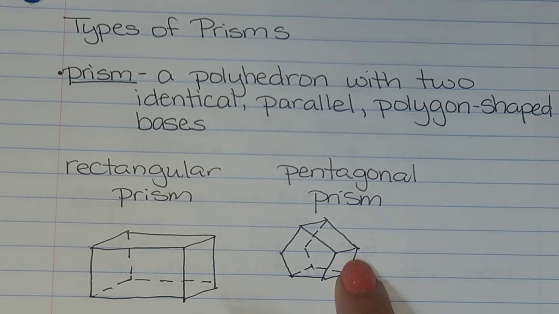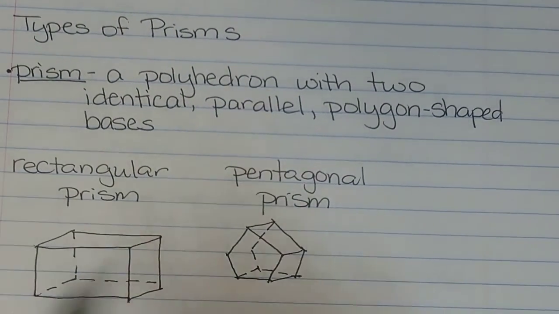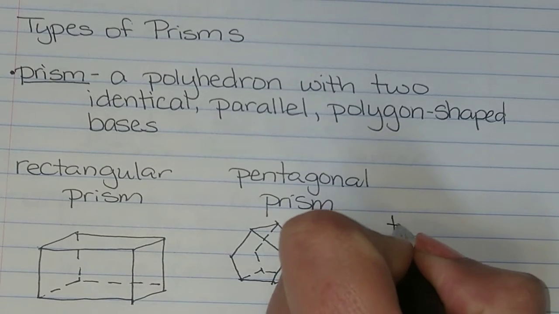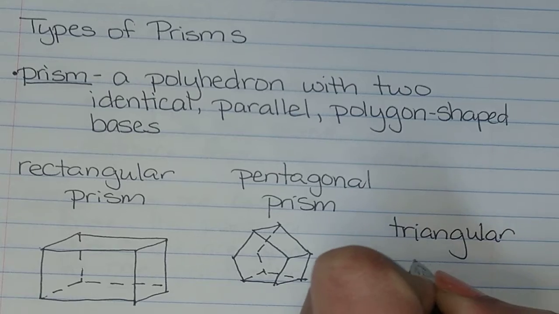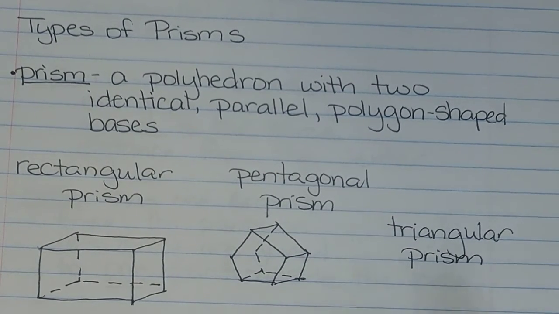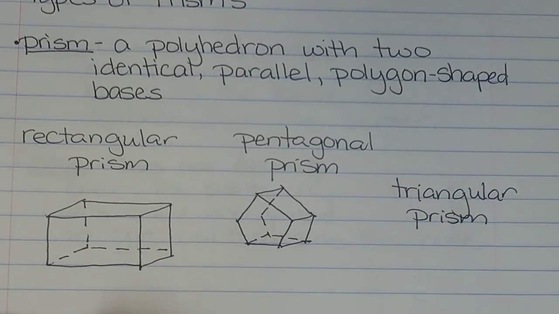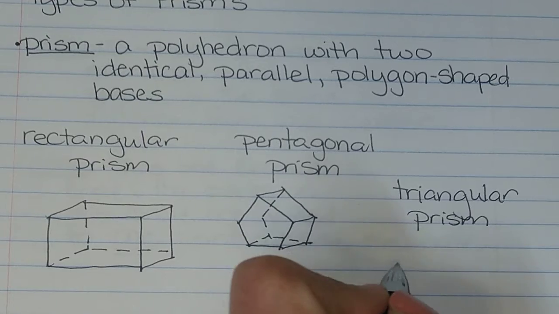Let's look at our last type of prism I'm going to show you today. That is a triangular prism. Triangular prisms have a triangle in their base, so you can see that it's going to be a triangle.